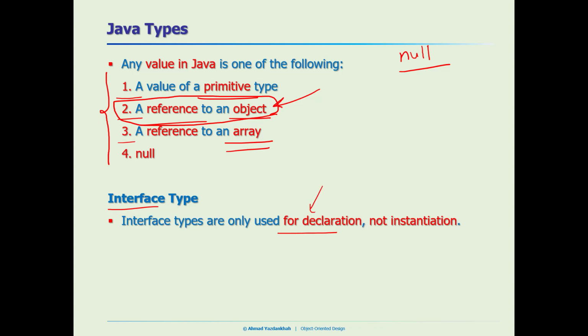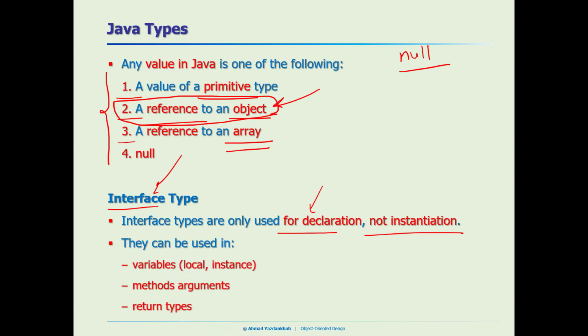But we cannot instantiate an interface, as you know. So interface type can be used in all of those 3 locations that we are familiar with. We can use the interface type for the variables, local or instance. We can use it as a method argument, and we can use it as a return type.